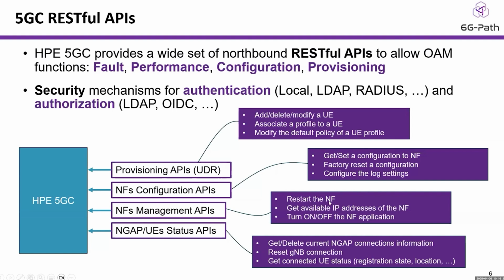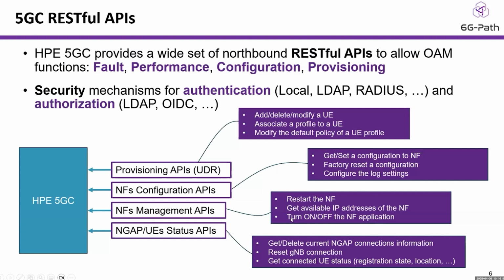So when something is not working properly, you may decide to restart the container of the network function, or you can turn on or off the network function application. So in a situation in which you have some redundancy of the network function, you need to find a way to balance the workload and the resource consumption. You can decide to disable or enable some services.